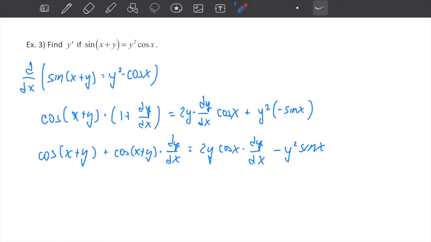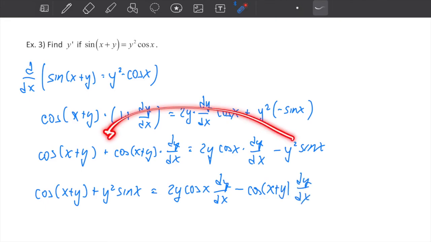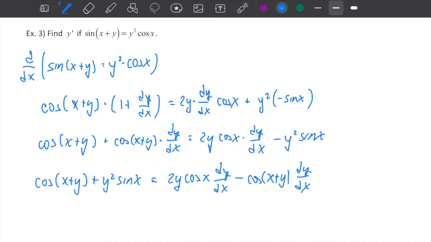Now we're going to group those terms that have the dy dx, get everything else on the other side. So we have cos of x plus y, add to that y squared sine x equals 2y cos x dy dx, subtract cos of x plus y dy dx. So I added, subtracted, factor.